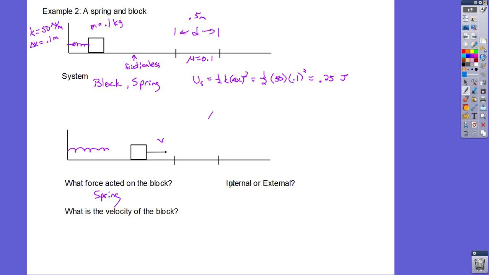Well, the spring is part of the system, so that means it's internal. So what that means is that the system energy stays the same because internal forces, so we have to have 0.25 joules of energy in that system.